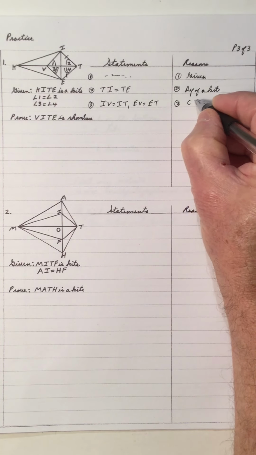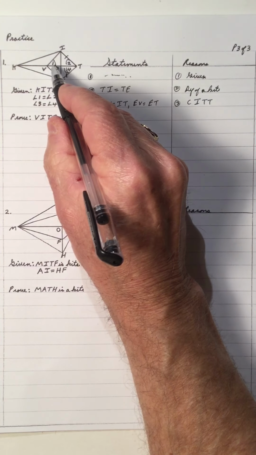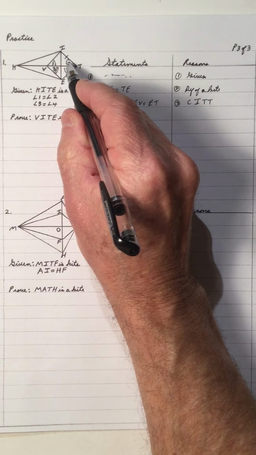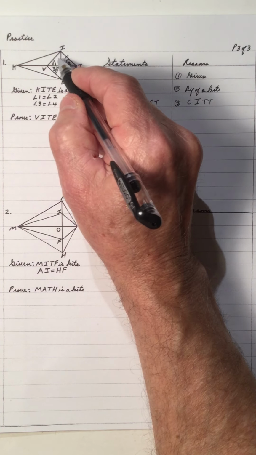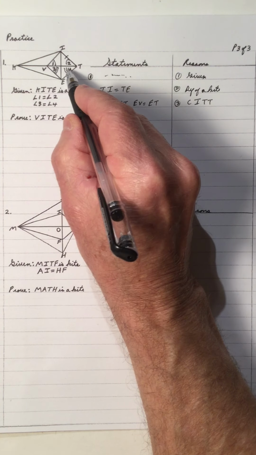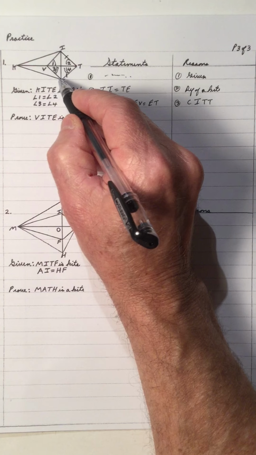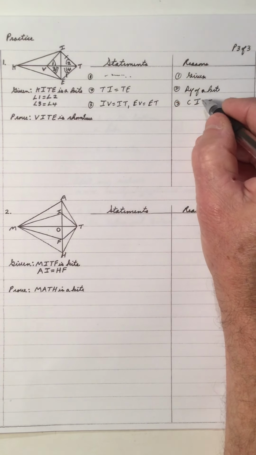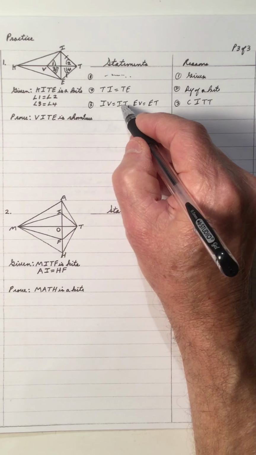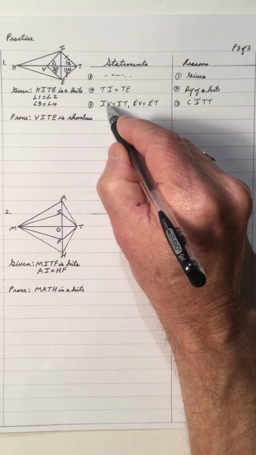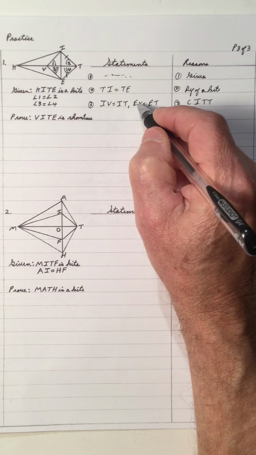And that's converse of the ITT, which is, because we have two angles of a triangle equal, then the sides opposite those angles are equal. Because we have these two angles, 3 and 4, equal in this triangle ETV, that means EV equals ET, converse of ITT. Now we got IT, which is right here, is equal to IV, and we got TE, which is here, is equal to EV.